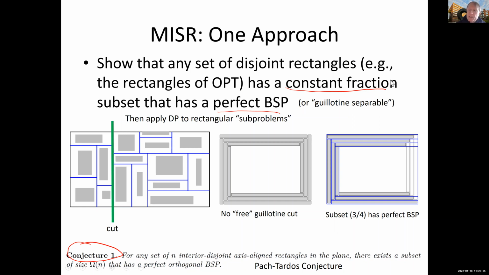This simply means that there's an axis-parallel cut that doesn't penetrate any of the rectangles, and recursively on each side of it, such cuts exist until you have a single rectangle per face of the binary space partition. This example in the middle shows it's not always possible to do that. Here, there's a cycle of skinny rectangles, but a constant fraction subset, 3/4 of them, does admit a perfect BSP.